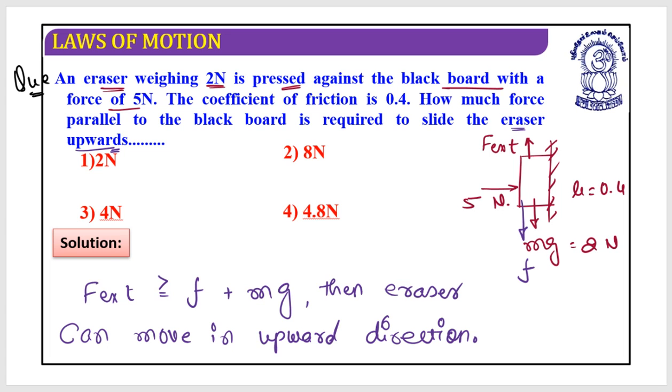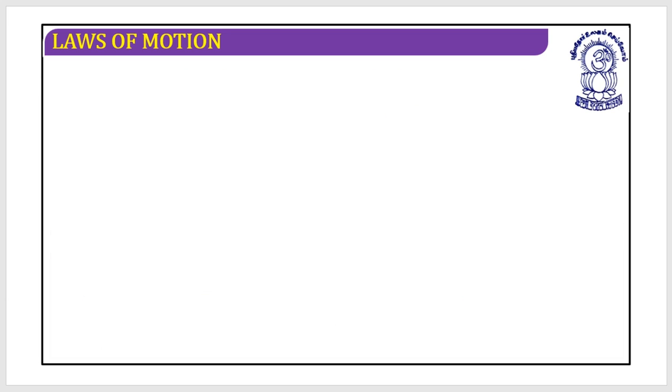So let's just find out the friction force. The situation is, this is the force F with which it has been pressed. This is F external we are looking for. This is the mg and this is the friction.